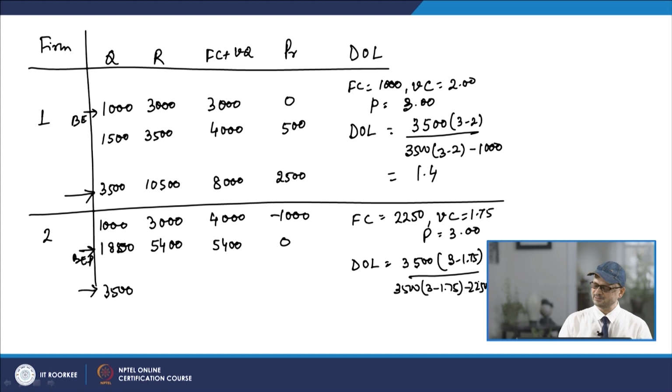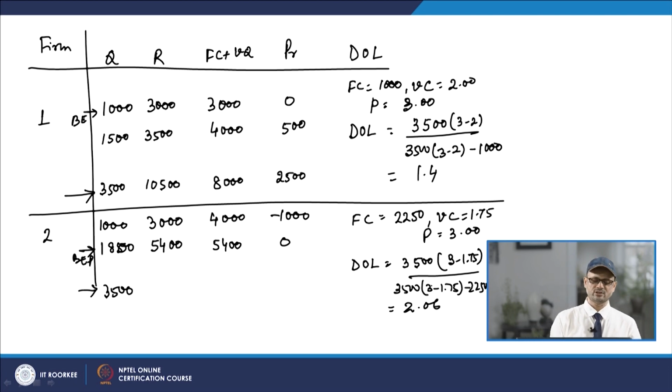In this case we have the degree of operating leverage at 2.06. In the earlier case it was 1.4, whereas in this case it has increased to 2.06.